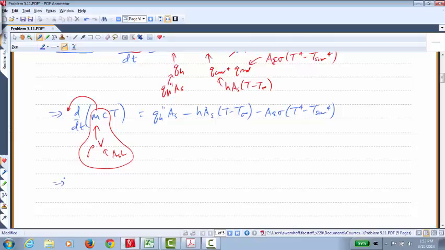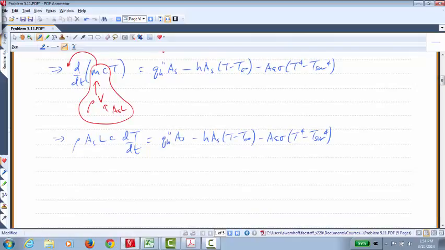So this yields rho A_s L C dT/dt equals the heater flux times A_s minus h A_s (T minus T infinity) minus A_s epsilon sigma (T to the fourth minus T surroundings to the fourth).